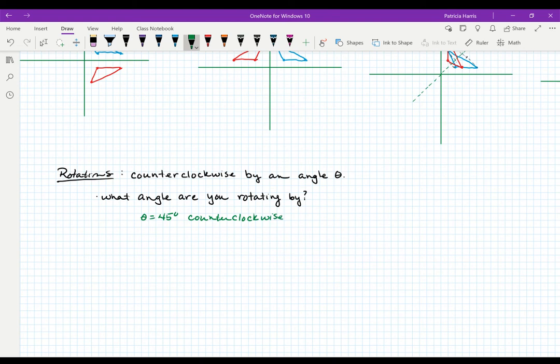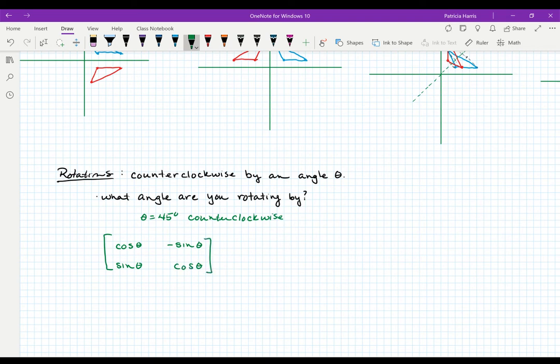All right, so our rotation matrix is going to look like this. We're going to find cosine theta, sine of theta, negative sine theta, cosine theta.